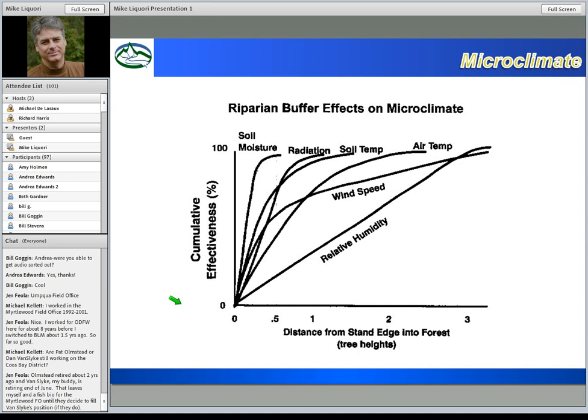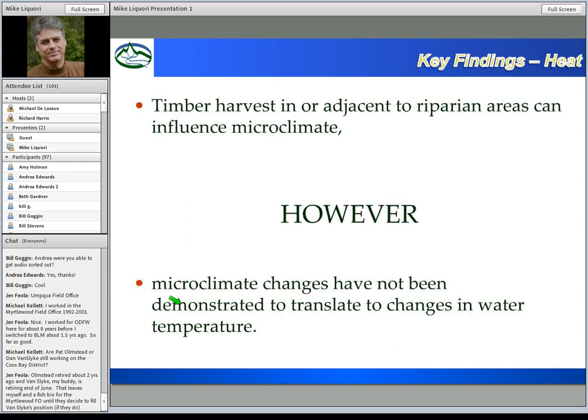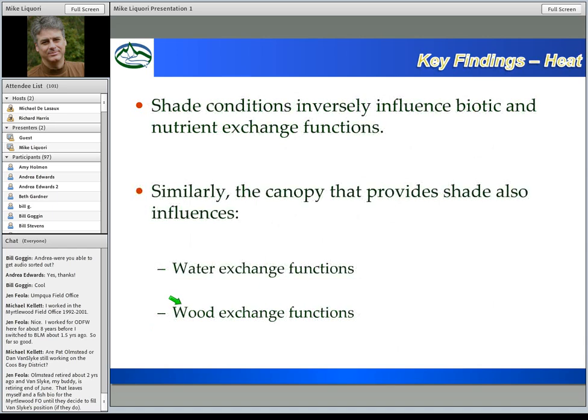So if you're concerned about other species beyond salmonids or aquatic organisms, maybe amphibians that have to be sensitive to air temperature, or bird species or other terrestrial species that are sensitive to different microclimate effects, then those factors need to be considered. But with regard to the aquatic community itself, we couldn't make the relationship between microclimate and stream temperature.